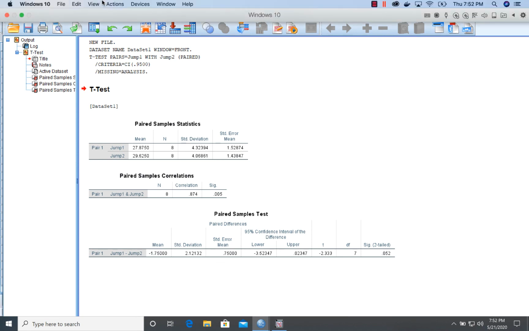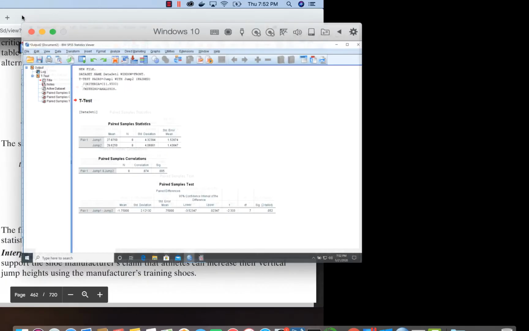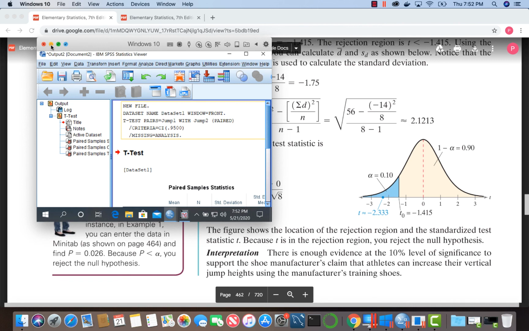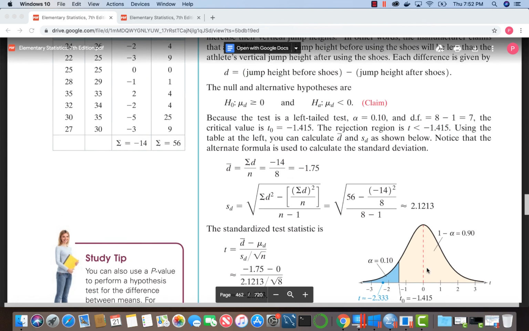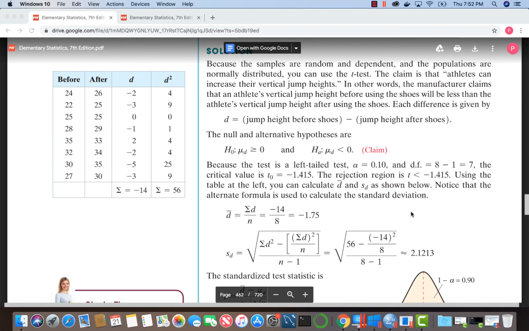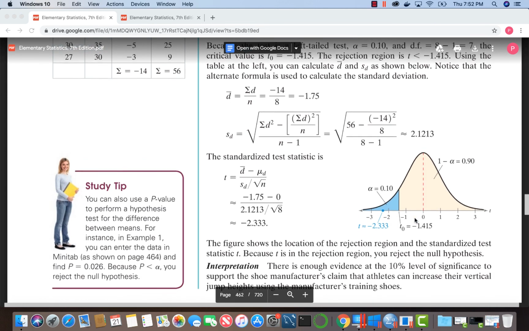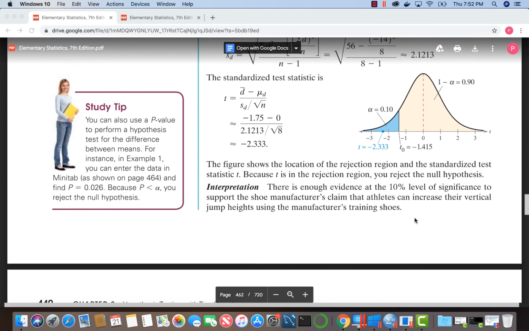And if we reject the null hypothesis, just like they concluded, there will be enough evidence to support the manufacturer's claim at the 10% level of significance. Because recall once again, the claim was the alternative hypothesis. So this looks good for the manufacturer.